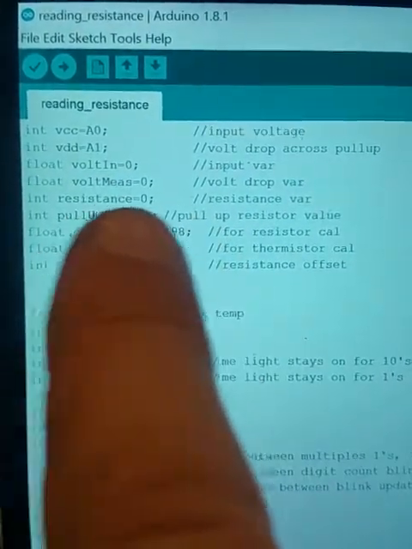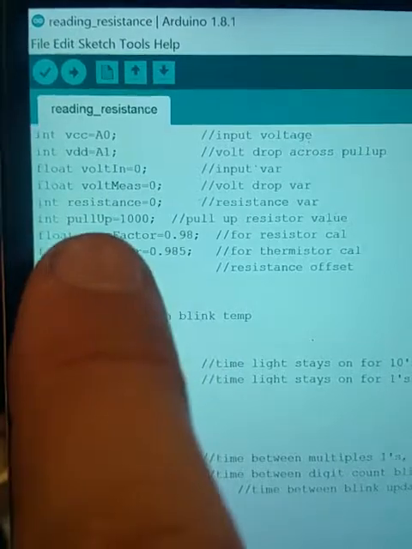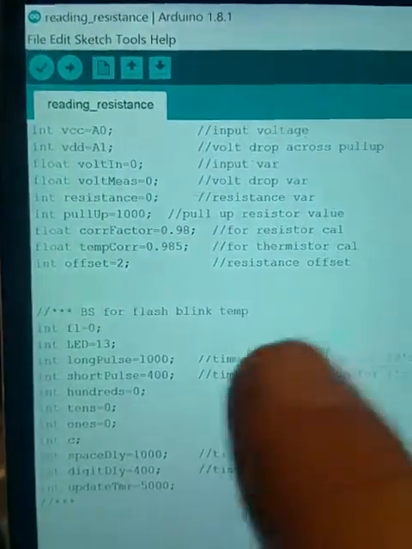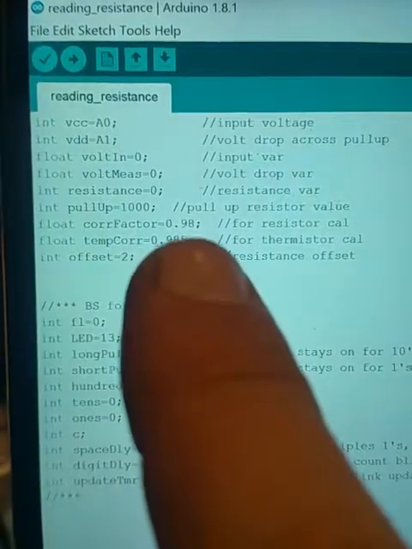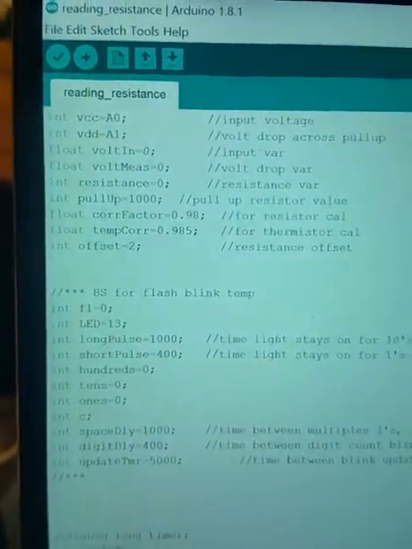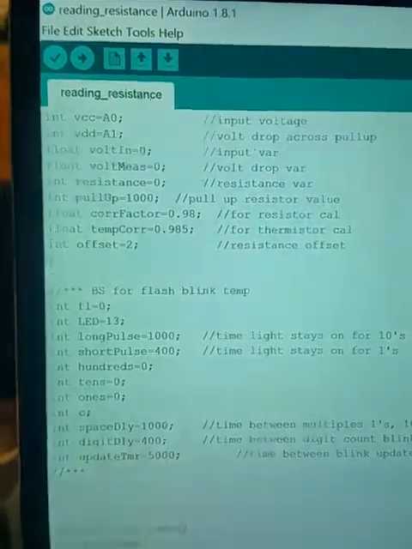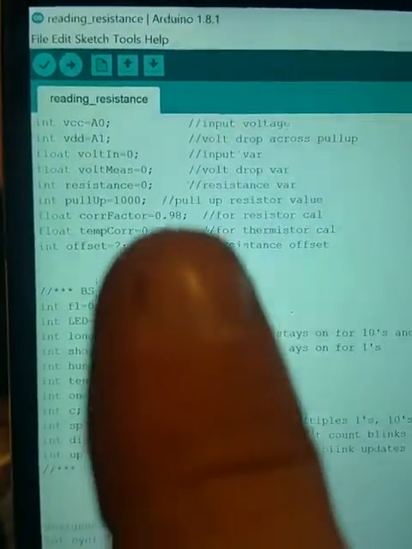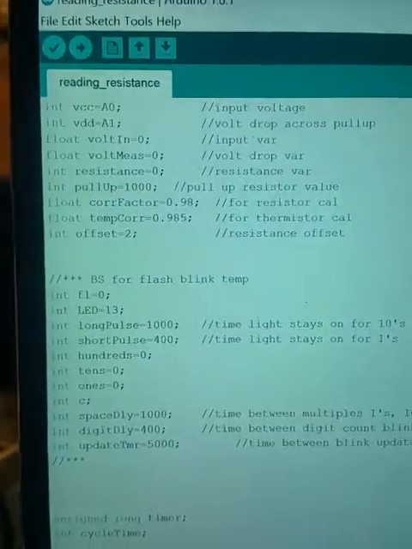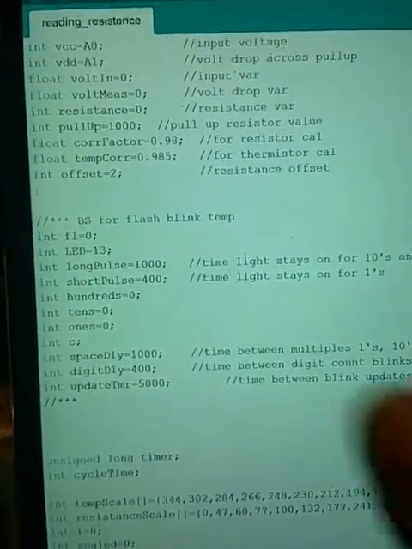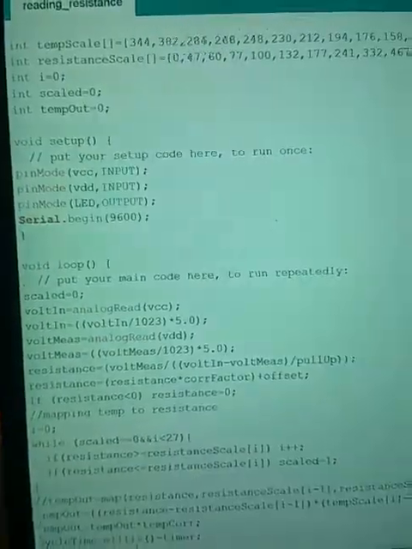Then there's voltage in, measured voltage, resistance, my pull-up resistor value. There's just a bunch of different variables here. I've got a correction factor for errors in the actual resistor. The pull-up resistor might not be completely accurate, so the correction factor right here compensates for that. And then this is a bunch of code that I ended up not using anyways.